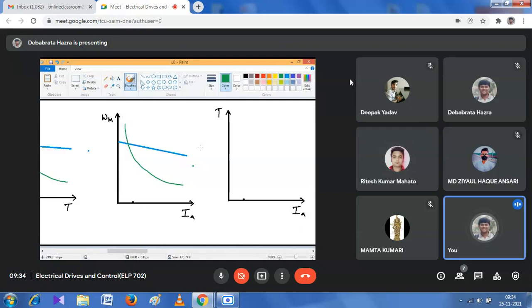The directly proportional. That means the equation is like y is equal to mx for shunt motor. This means it is like that.